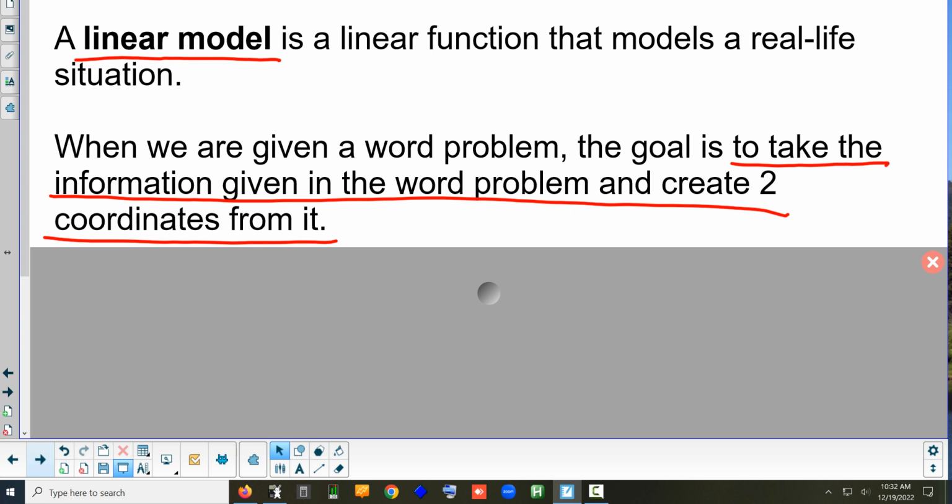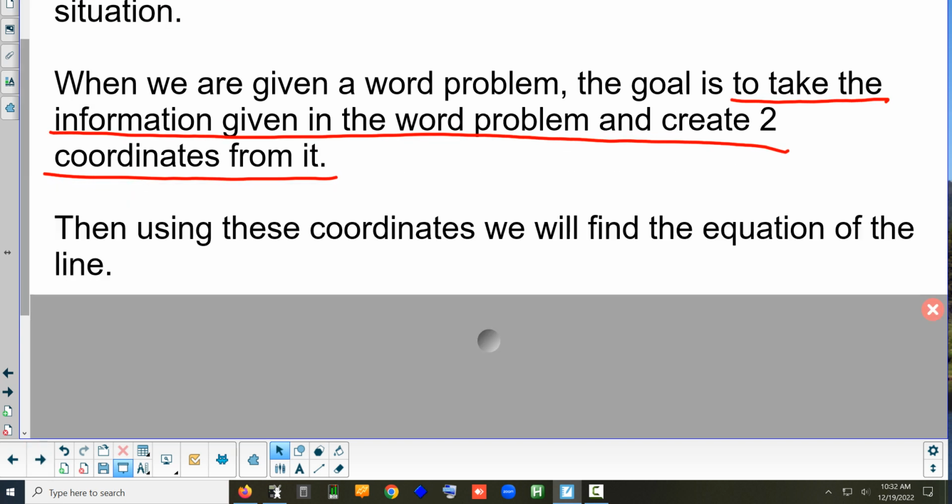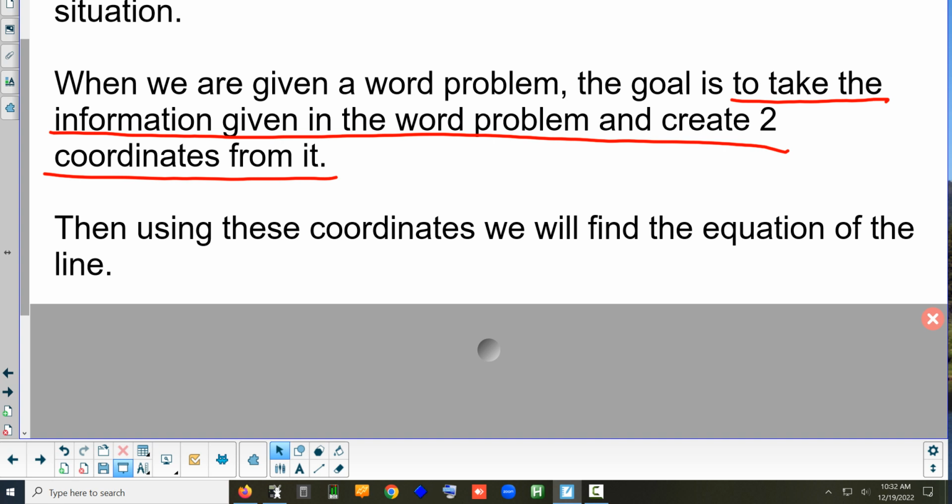We just have to create two coordinates from the word problem. Then, the last bullet, once you have the coordinates, you can write the equation of the line. But you can't write the equation of the line until you have two coordinates.